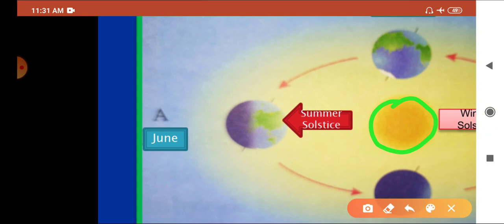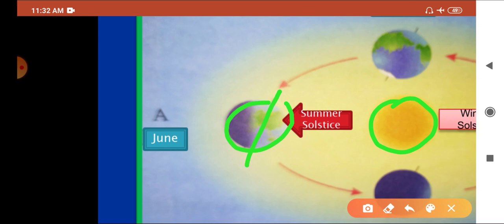So in the month of June, especially on 21st of June, in this position, you might see that the northern hemisphere is experiencing more sunlight, which is called the longest day in the northern hemisphere on 21st of June.